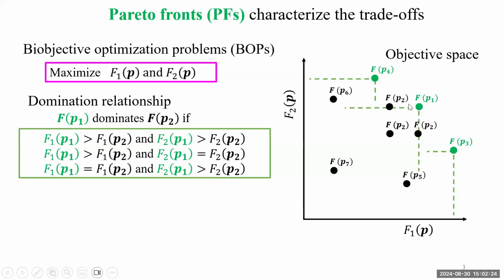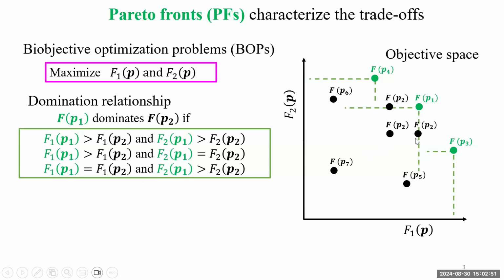In this figure, this green point, F of P1, dominates F of P2. If these conditions are satisfied, both the first and second objectives are better. F1 is better, F of P1 is better. And here, the second objective is the same, but the first objective is better.